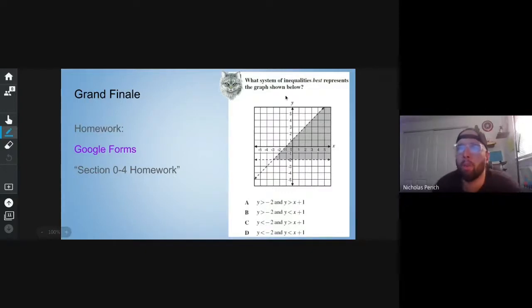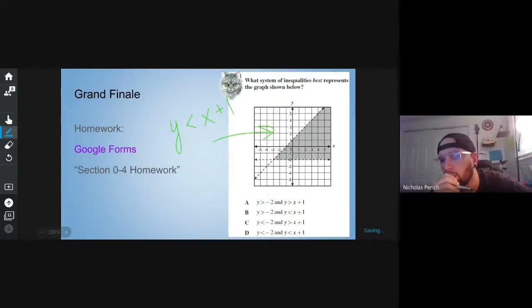So this equation is y is less than, since it's shaded below that dashed line. The slope is up 1, right 1, so the slope is 1, invisible 1, x, and it started out at 1. So that's my one equation.